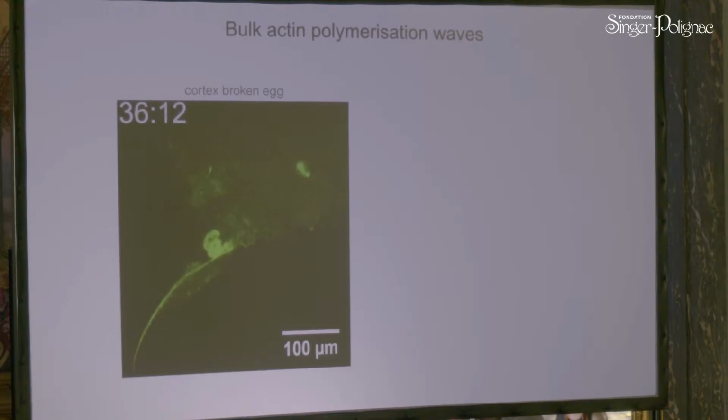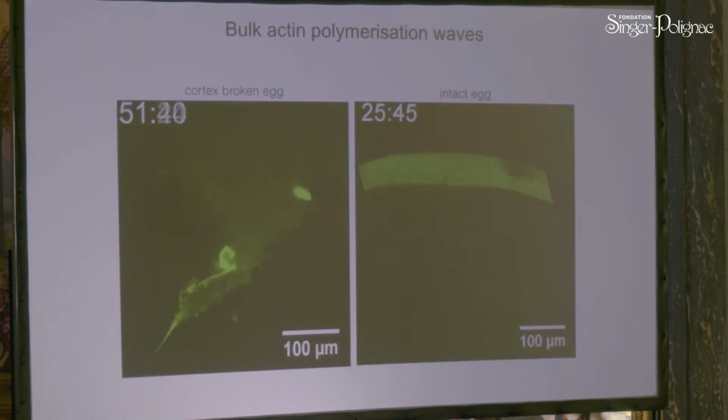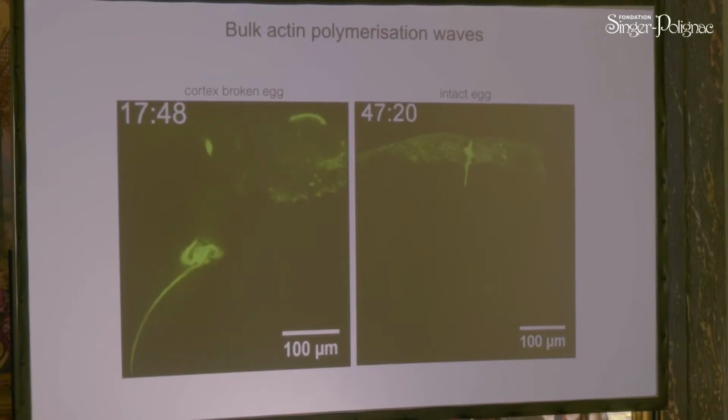It's not only occurring in these yolk granule ooplasm soups, but it's also happening in the intact egg. If you look here at the intact egg, you see this bulk actin polymerization wave originating from the animal pole and then traveling into this fertilized egg. So this wave looked interesting. The question is, would this wave at all be related to the streaming process which is occurring at the same time?